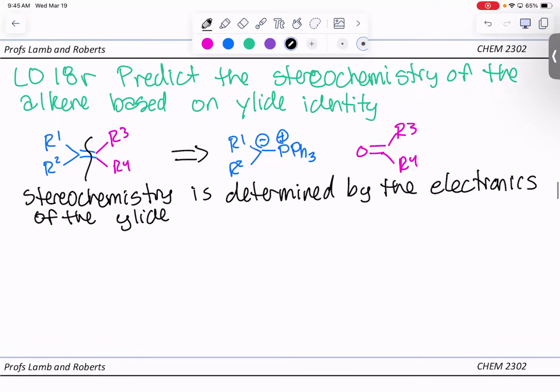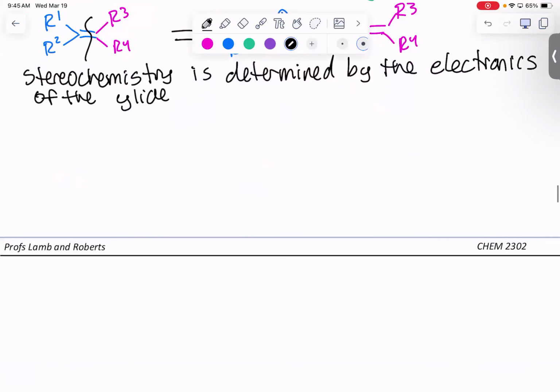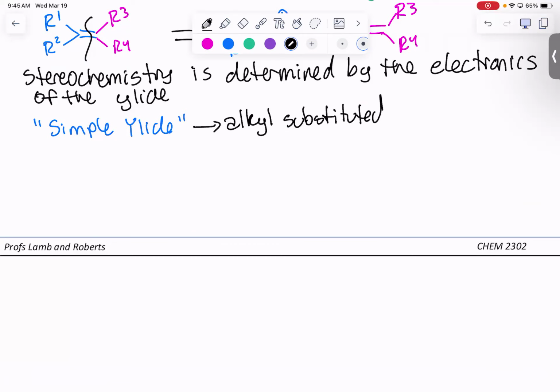So we have something called a simple ylide. A simple ylide has alkyl groups, and if you have alkyl groups, you're going to get the Z as the major isomer.